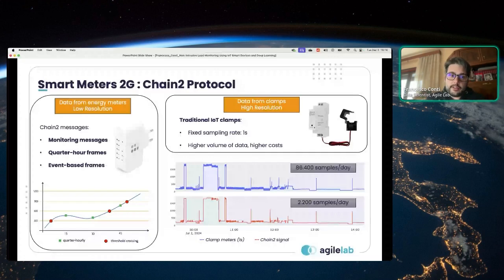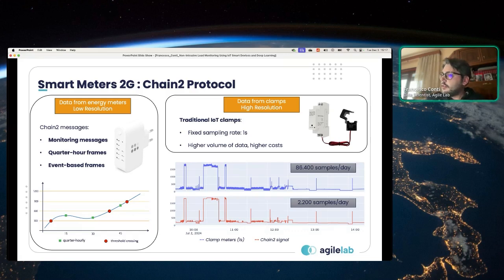And this is different from the studies in scientific literature and NILM methods in research studies. Indeed, these papers study devices such as this one, a clamp-based device, a traditional IoT device used in NILM.